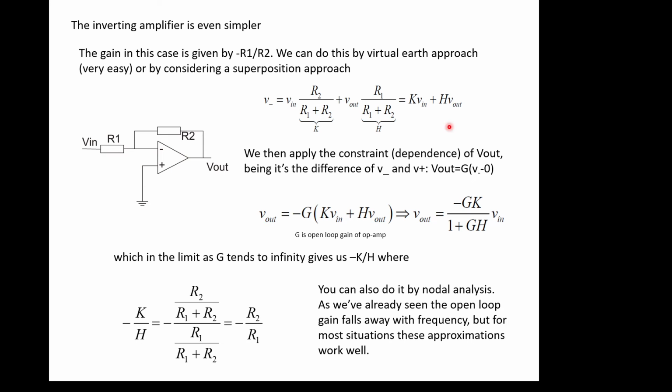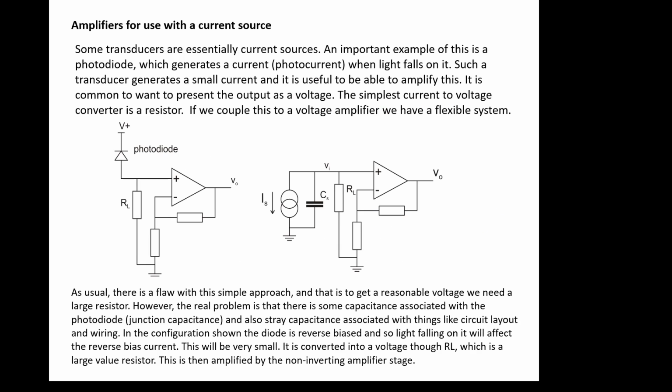If you do that, you get this kind of expression here, which leads us back to our feedback function. And as G, the gain of the circuit in this case, tends to infinity, everything cancels out, and you get R2 over R1. But this should be very familiar to everyone, so we won't labour the point.